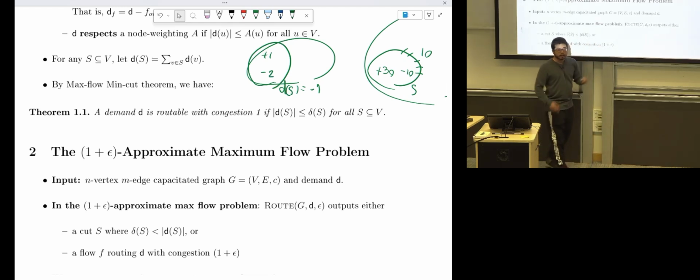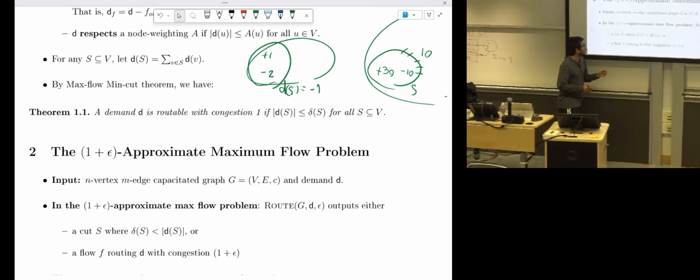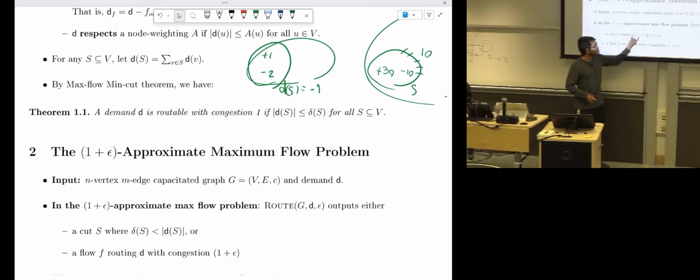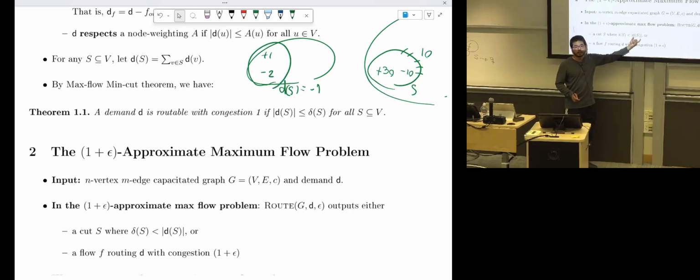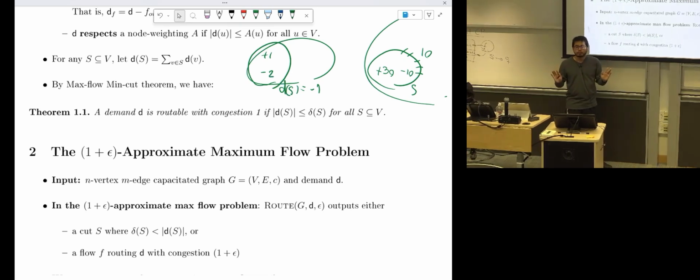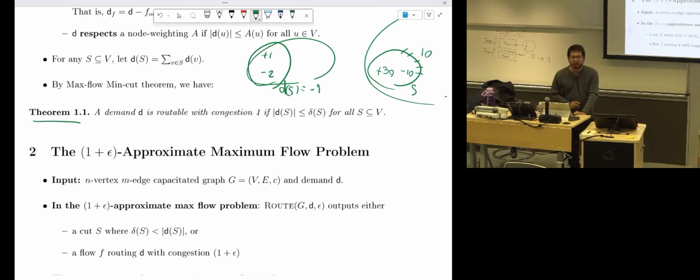What it does is either output a cut such that the cut size is less than the total demand inside it. What does this mean? It's just a certificate which says that you cannot route with congestion 1, just from theorem 1.